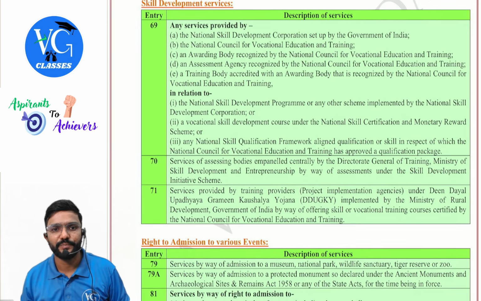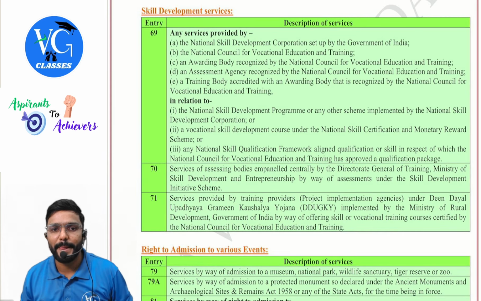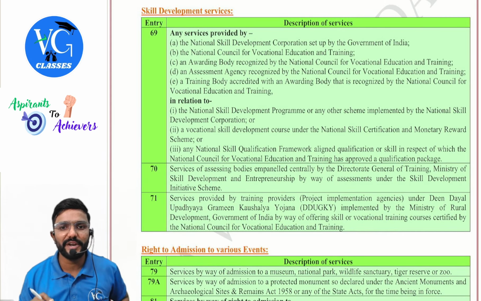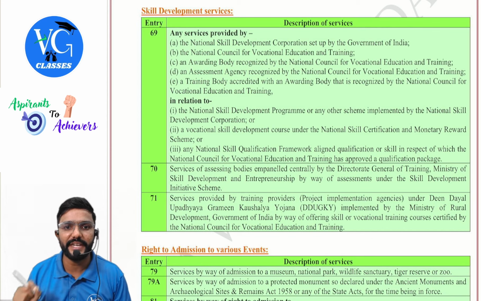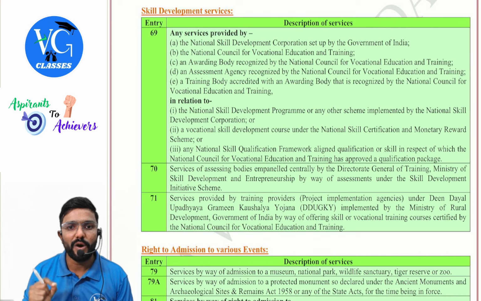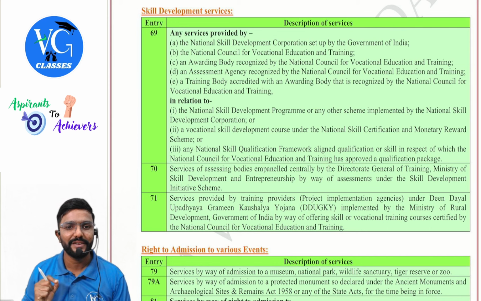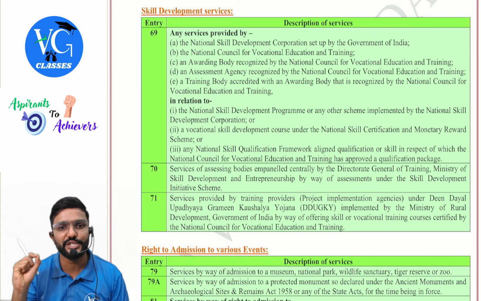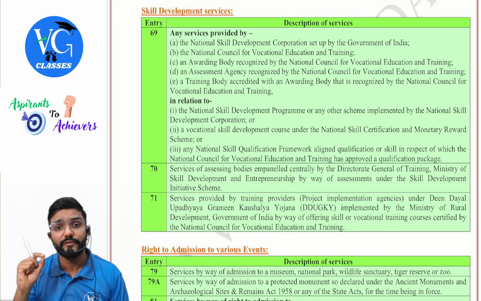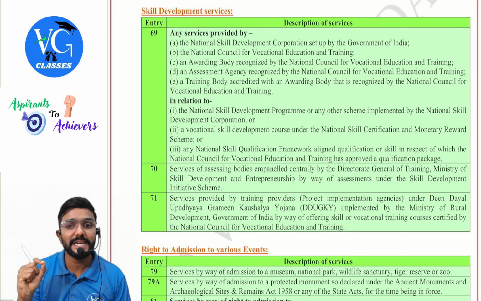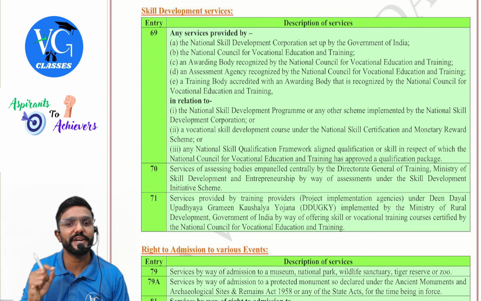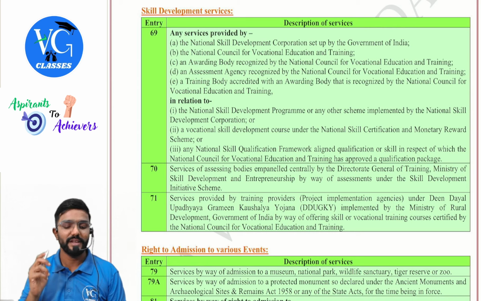We will see. Entry 69. Any services provided by the National Skill Development Corporation set up by the Government of India, the National Council for Vocational Education and Training, an awarding body recognized by the National Council for Vocational Education and Training, an assessment agency recognized by the National Council for Vocational Education and Training, a training body accredited with an awarding body that is recognized by the National Council for Vocational Education and Training, in relation to.